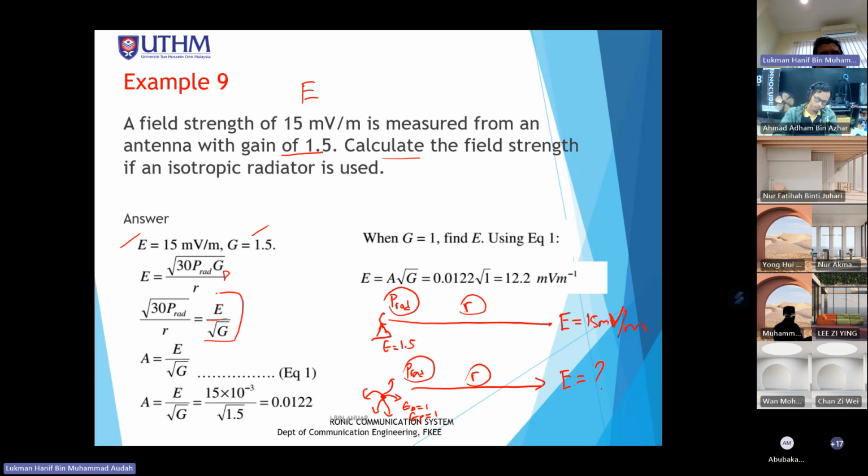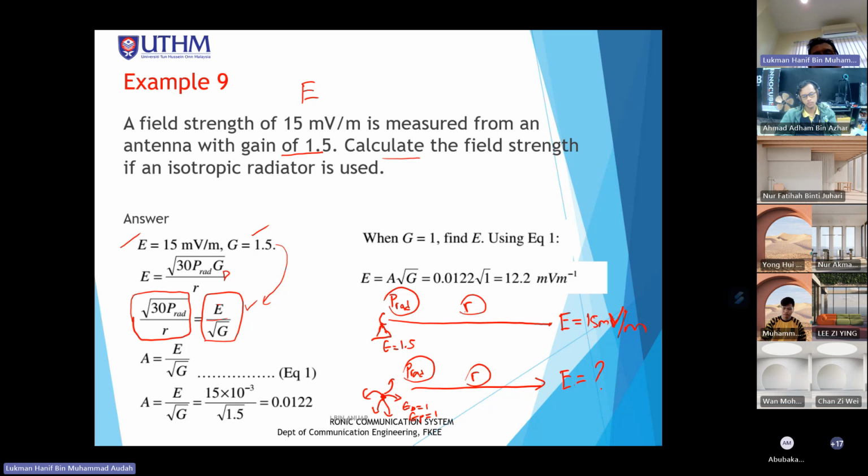So why do we need to do it like this? Because this is the given parameter from the question. And the parameter on the left, as I said, is assumed to be fixed for two different antennas.